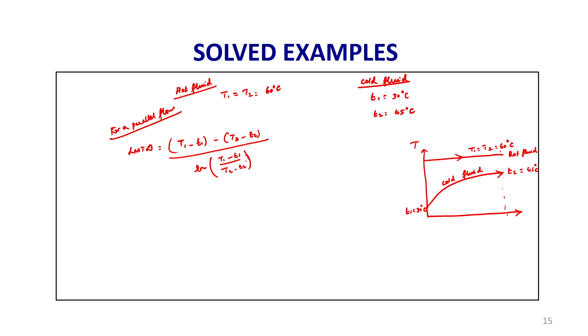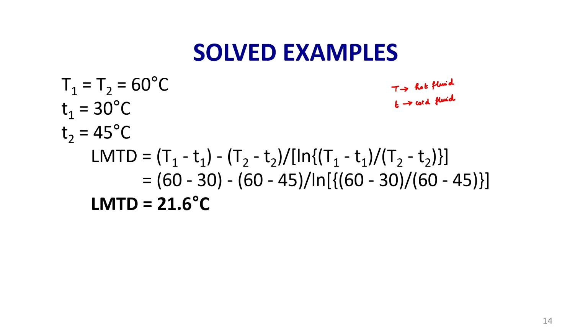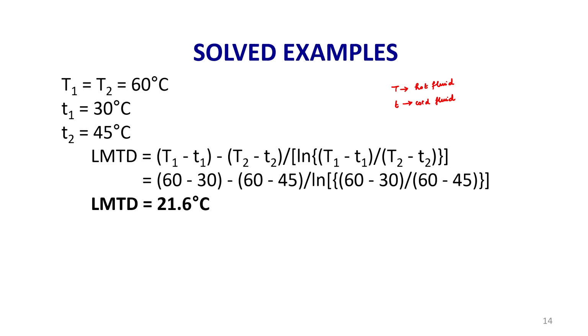So, this is the formula. Capital T1 minus small t1 is the inlet temperature difference between the hot fluid and the cold fluid, minus the temperature difference between the outlet temperature of the hot fluid and cold fluid, divided by the ln of this term divided by this term.